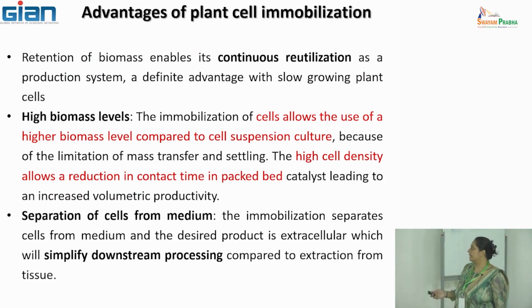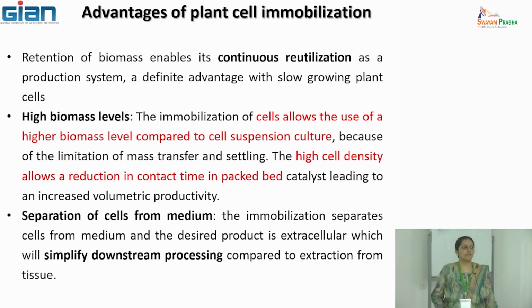Now the advantage of immobilization, whether it is microbial cell immobilization or plant cell immobilization, is that it can separate the cell from the medium and therefore the downstream processing cost is reduced. Now the catch I was mentioning was that the product has to come out in the medium. Most of these secondary metabolites are intracellular. So the strategy which we had earlier studied, cell permeability enhancement, is optimized and added so as to have the product leached out.